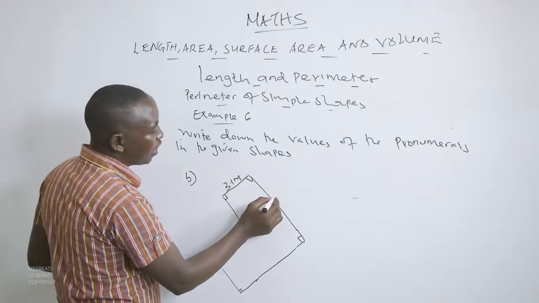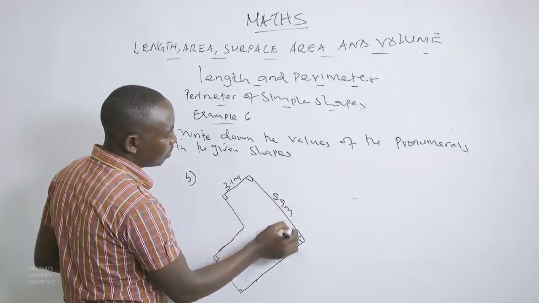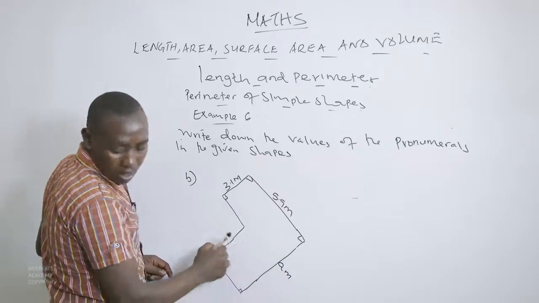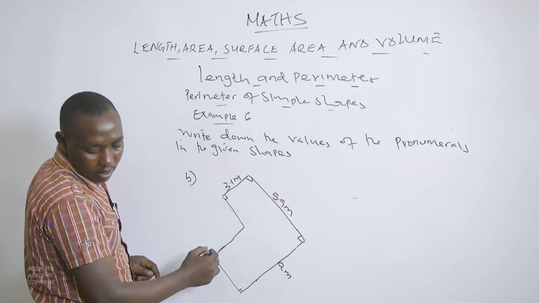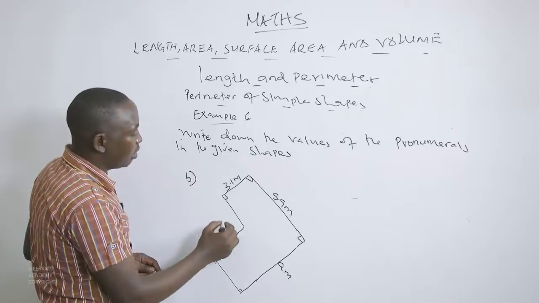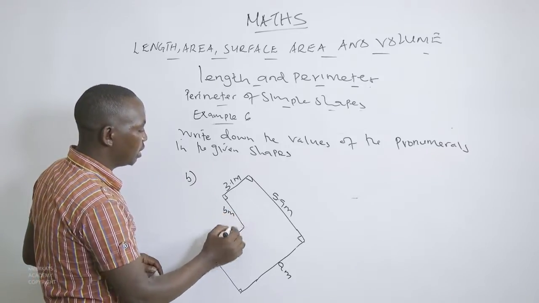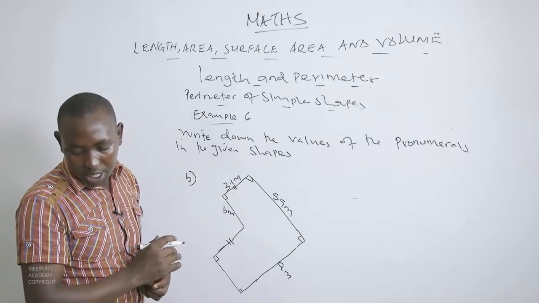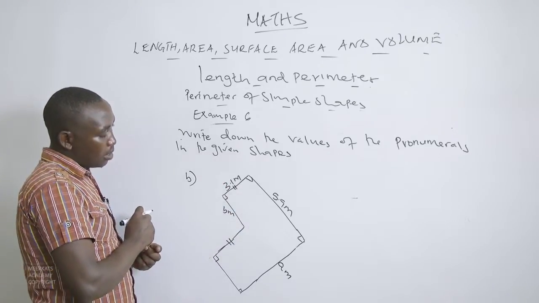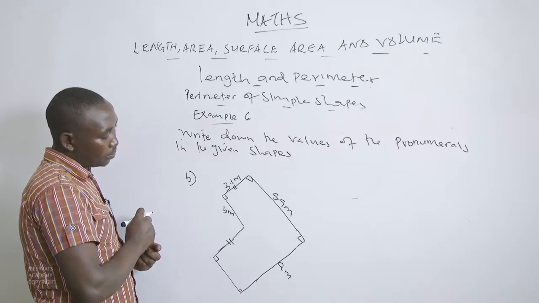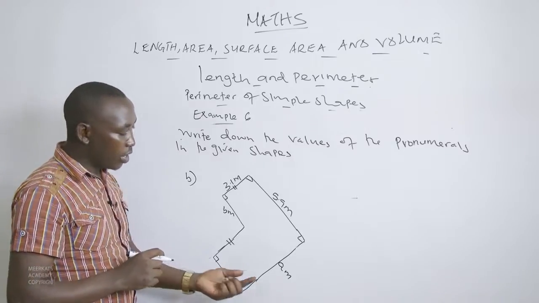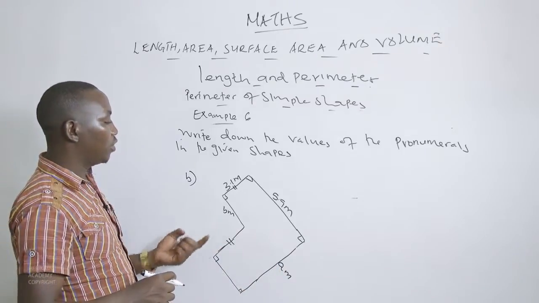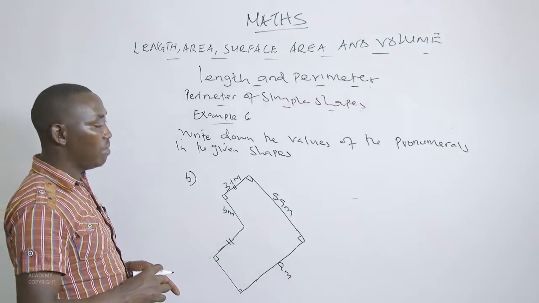This other side is 5.9 meters. This other side is A meters. This one is B meters. And we are told that this side is equivalent to that particular side. So we only need to find the value of A and also the value of B.